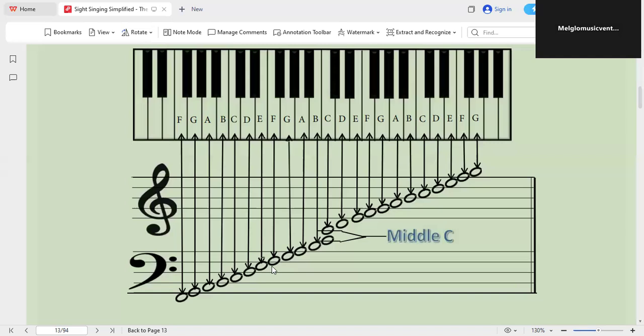Octave comes from the word octagon, which means 8. And if it means 8, that means our note should span 8 notes. So from this F to this F, you will notice it is 8 notes, and then we call it an F octave.